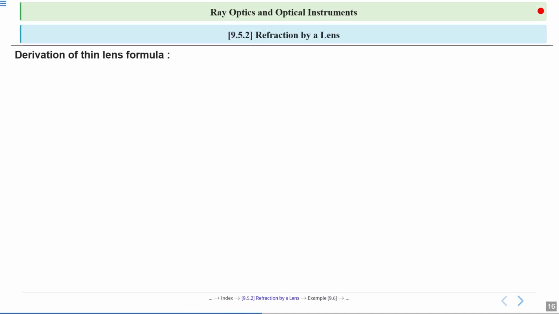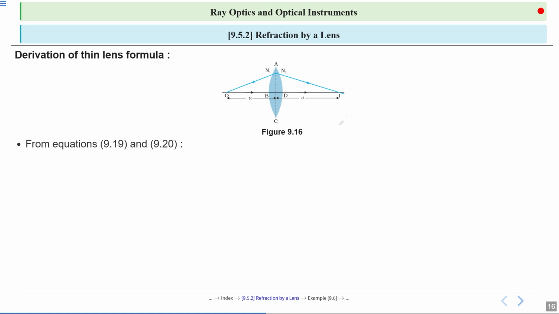Now, derivation of the thin lens formula. Figure 9.16 again. From equations 9.19 and 9.20, N1 upon OB plus N1 upon DI. We apply the condition that if OB approaches infinity, that means the object is at infinity, then DI will be equal to the focal length.